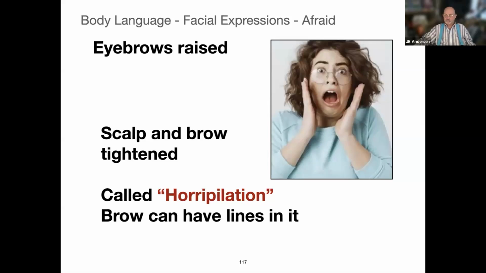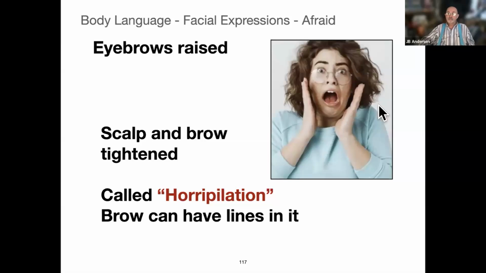Eyebrows raised. That tightens the scalp and brow, and you can see how I can do that, and I get these lines up here. So the scalp and brow can be tightened. This is called horripilation.